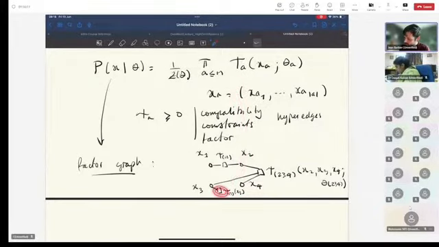You take all the factors, all the boxes, and you make a product over them, and then you normalize. So this normalization is just the sum over all values of x of this product of factors. So you have equivalence between the two.